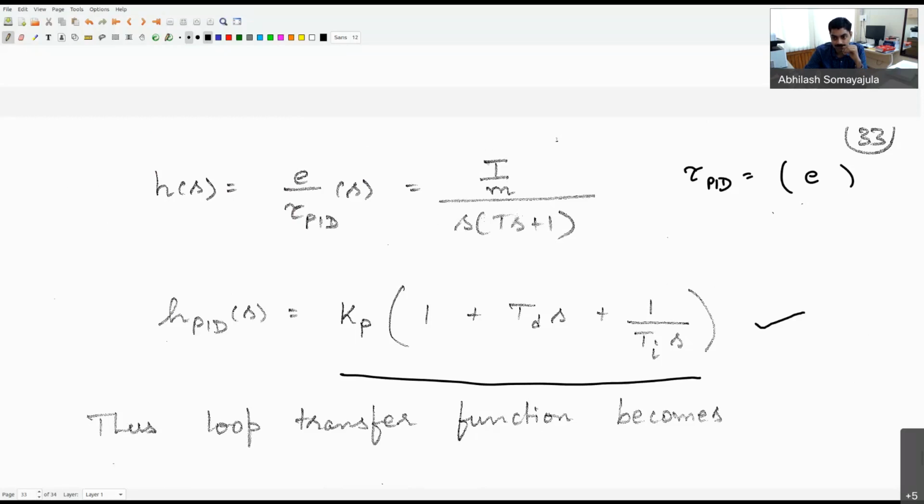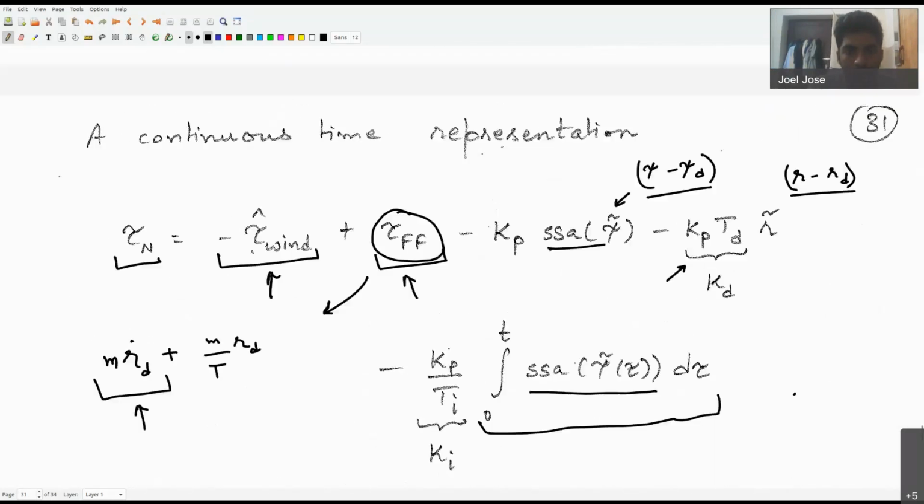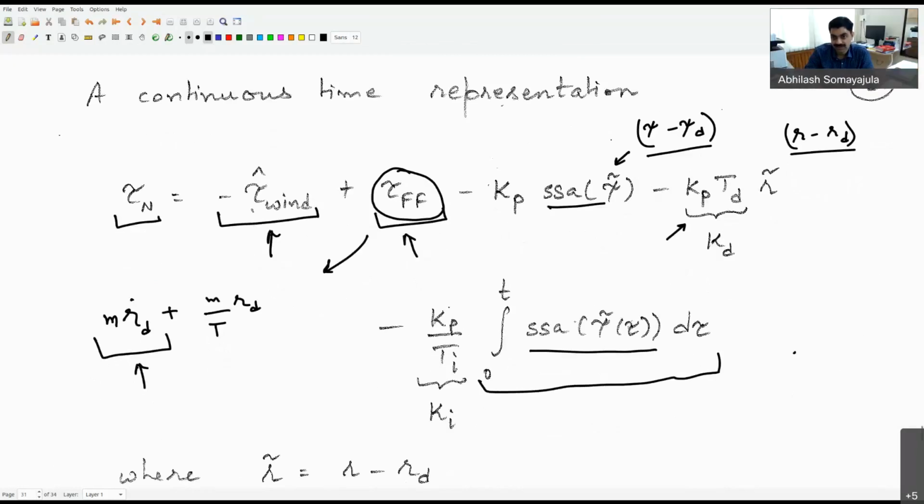So, sir, since tau PID is a function of the error itself, we are converting this into Kp times (1 plus Td s)? Yes, correct. So this thing is nothing but, if you look back at our PID control law, it is depending on this error, right? This is E. This is E dot. And this is the integral of E, right? Yes.